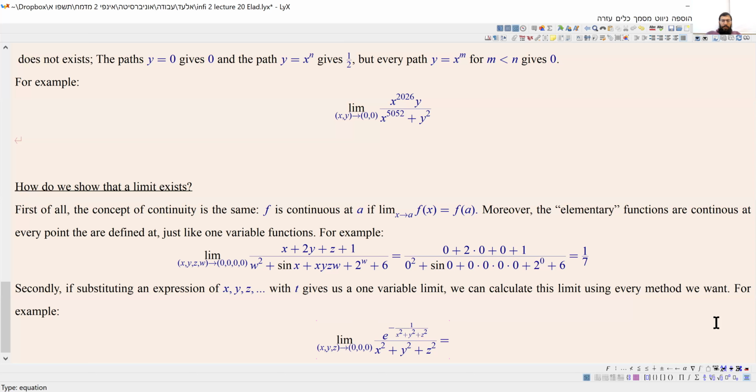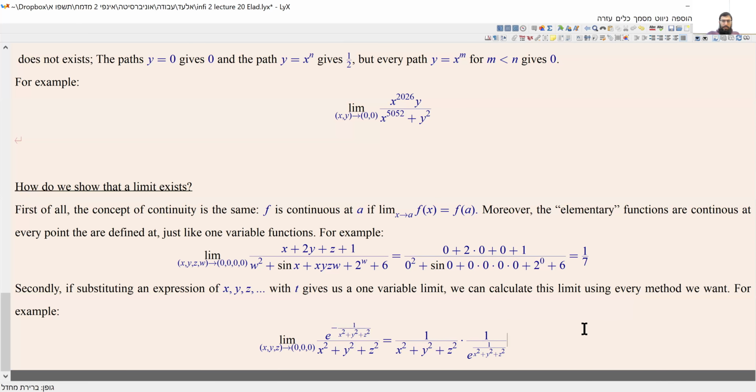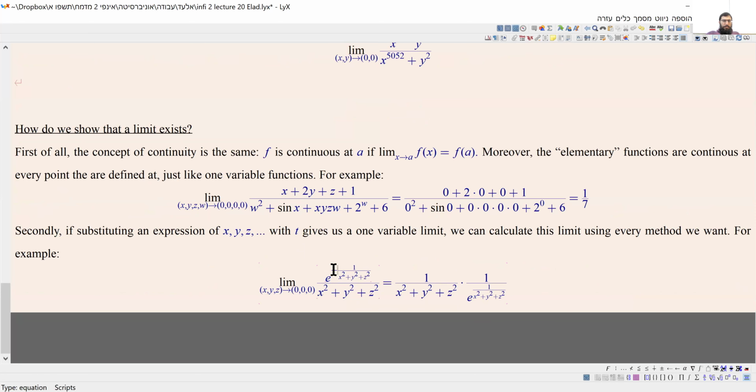Using the power rules, we have some negative expression in the power, so you can put it in the denominator.